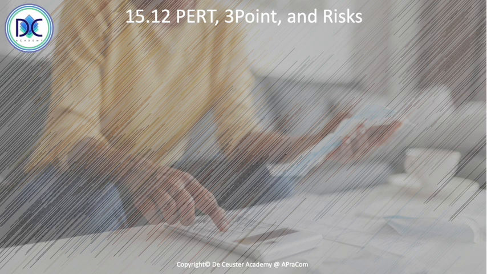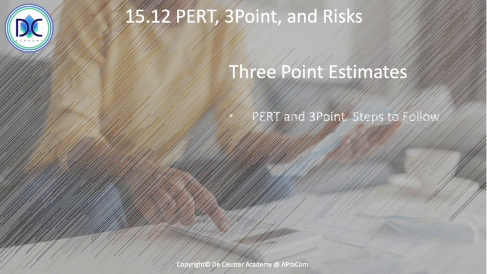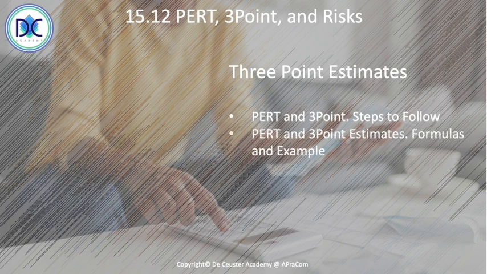In this video, I'm going to explain how we can use PERT or the 3-point estimates and link it to risk management. We will be looking at the 3-point estimates, and we know there are two types we can use: the PERT and what we call the 3-point.